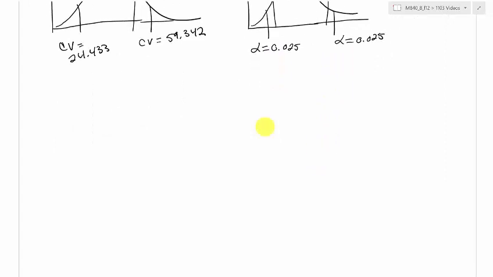Now we need to make our conclusion. We are failing to reject the null, and the claim is in the null.